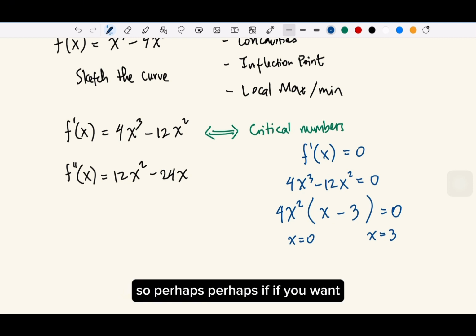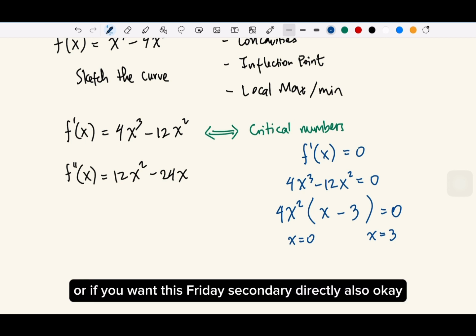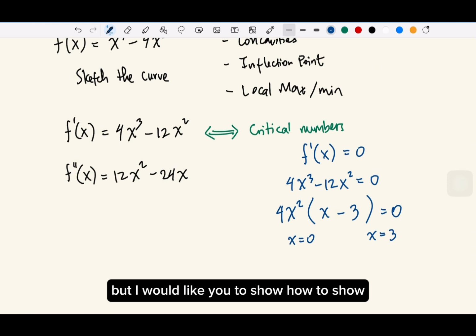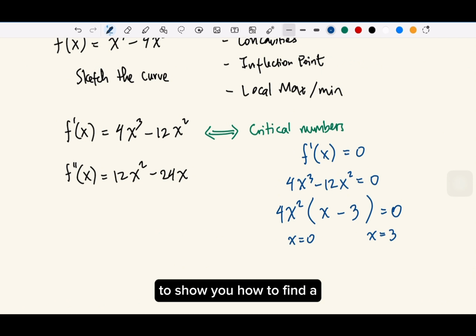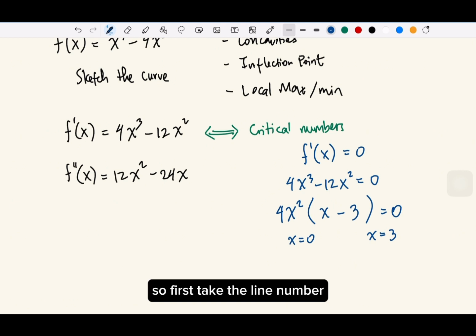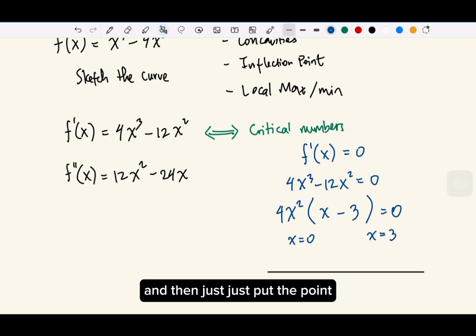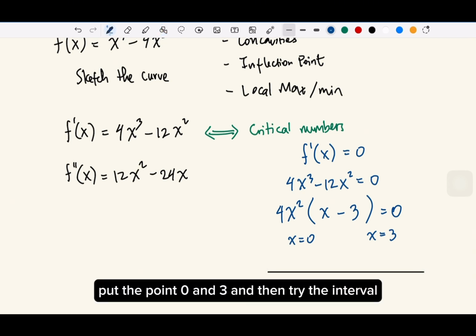So perhaps we could draw the number line and find out what it is. Or if you want to try the second derivative directly, also okay. But I would like to show you how to prove the first derivative test. So first take the number line and put the points 0 and 3, and then try the intervals.